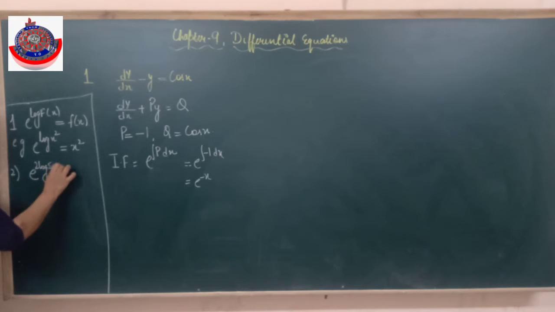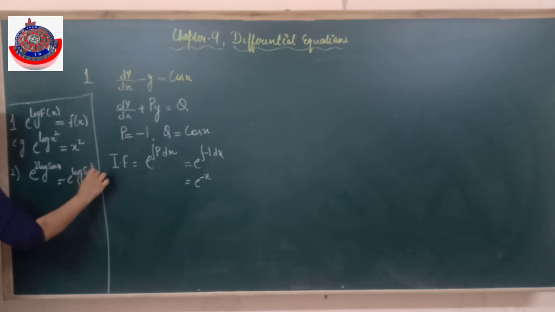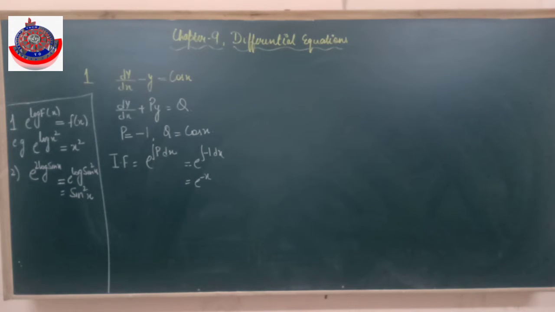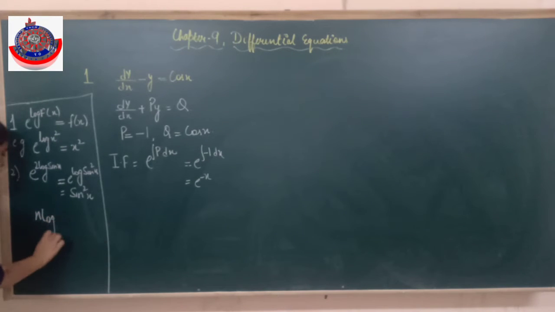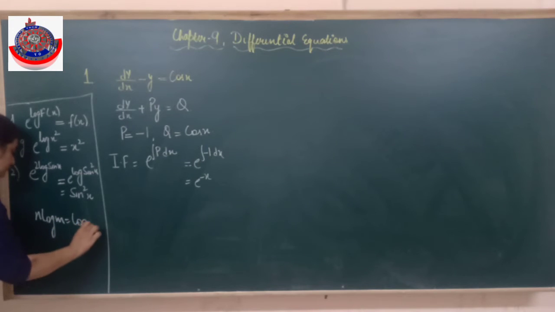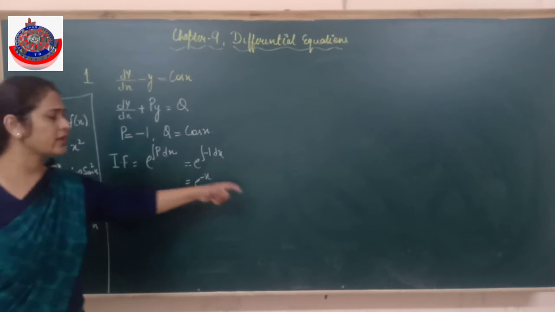First of all, I will apply the rule m log n, the 2 will go up, and then e and log cancel, I will get sine square x. Is it clear? So whenever you have e log of f of x, it becomes f of x. You need to remember these rules, which will become really handy. Even a minus 1 also goes up. So for this rule e log of f of x, जो यहाँ number है उसको पहले power में ले जाओ, n log m वाला rule apply करके. I hope you remember. Then you solve it. यहाँ कोई log नहीं है, it's okay.